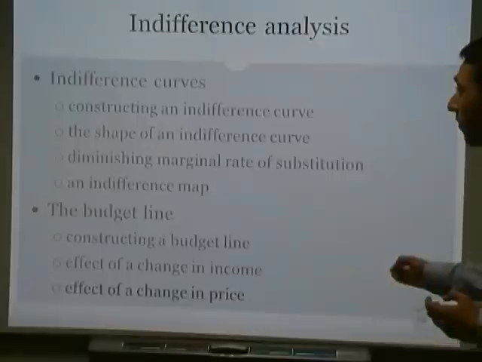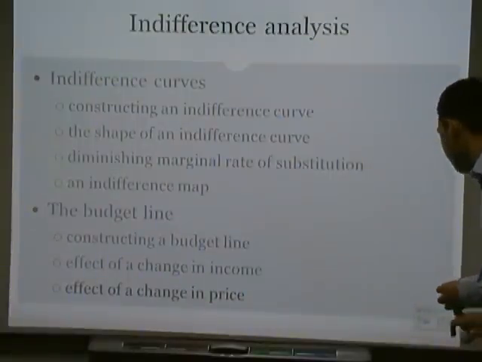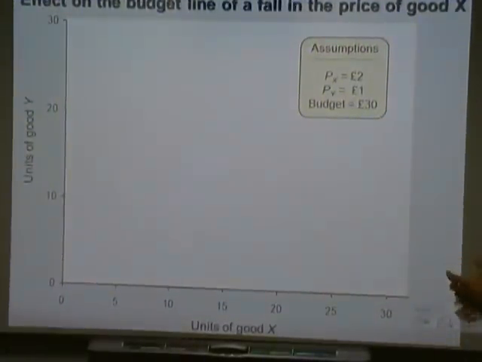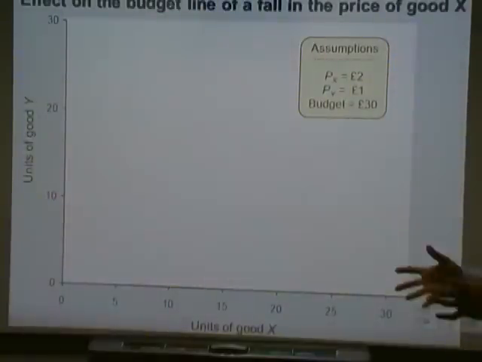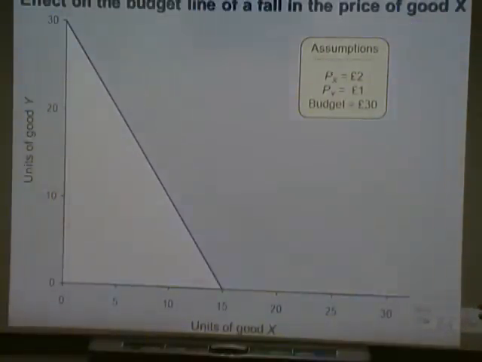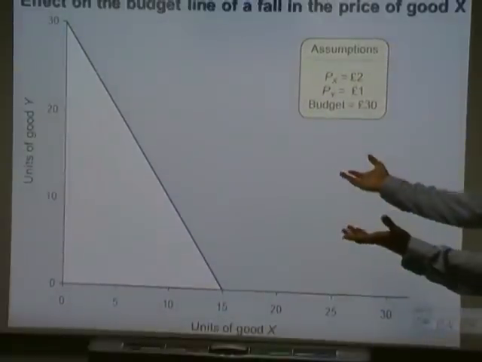Now let's consider the effect of a change in price. So our earlier prices were price of X is 2, price of Y is 1, while the budget is 30. If that's our budget line.